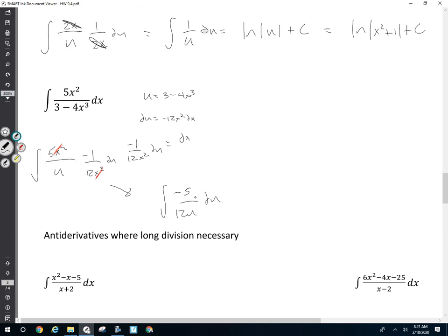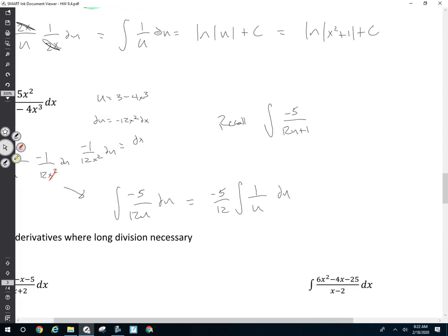Now, there are two ways to take this antiderivative. What I would recommend, it's the easiest one, is to just pull out this constant and then take the antiderivative of 1 over u. Recall, if this was something like negative 5 over 12u plus 1, I can't just pull out the constant.